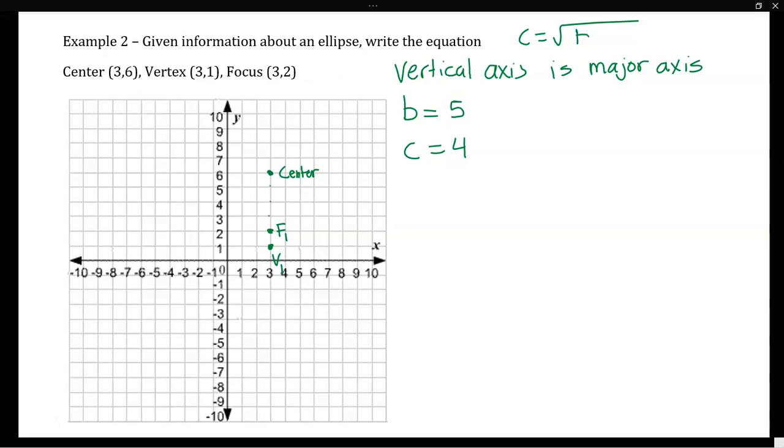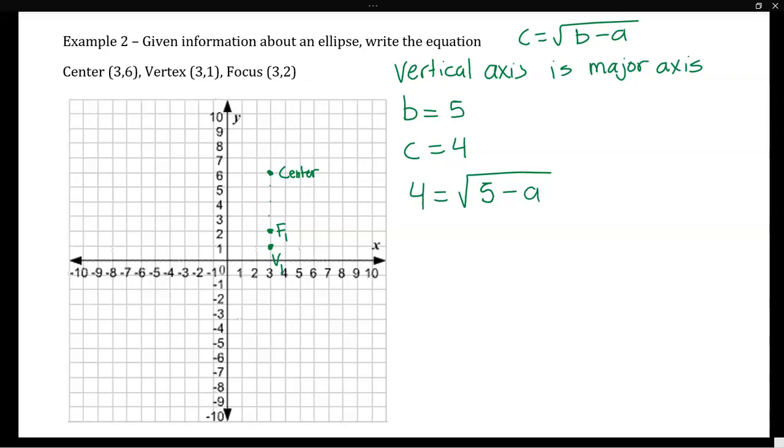So in this case, C is going to equal the square root of B minus A. So 4 is going to equal the square root of 5 minus A.